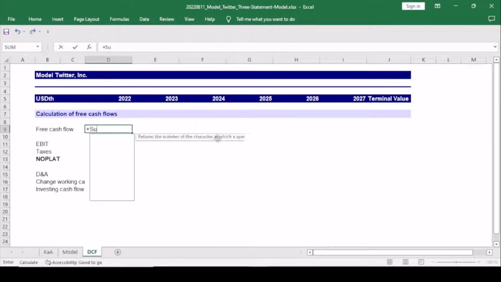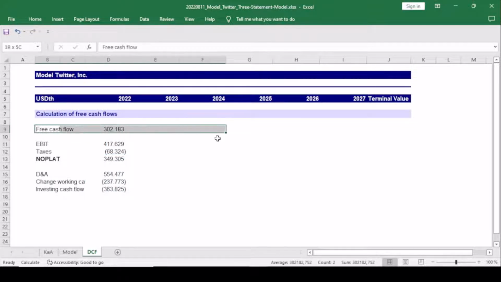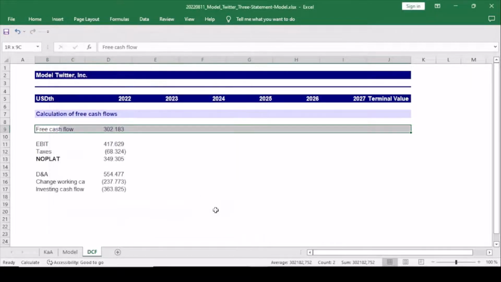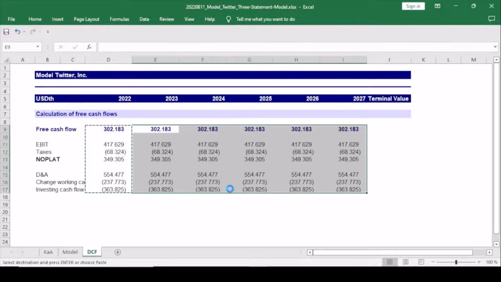After that, we sum up the relevant figures to arrive at our free cash flow. Let's copy this across to have our unlevered free cash flows for the planning period.